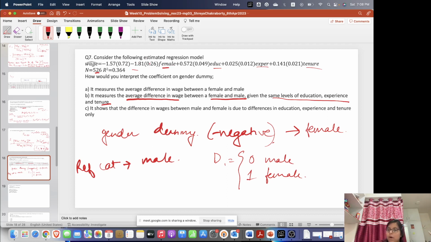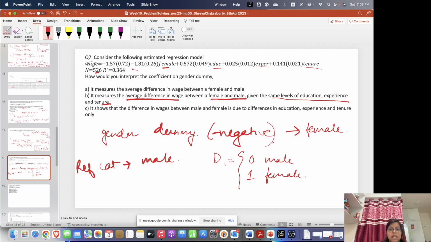How does my y change? Now, are females getting more or less?